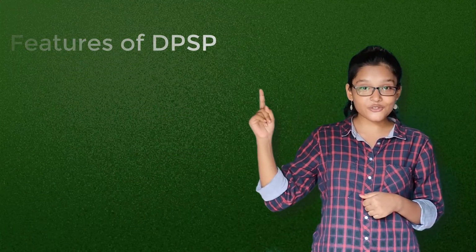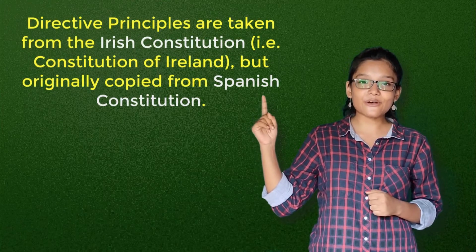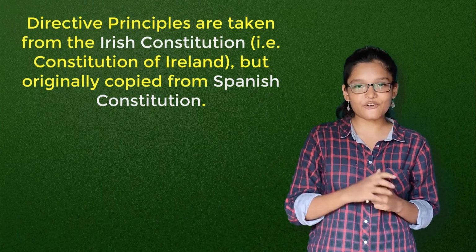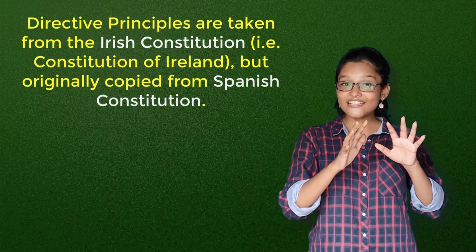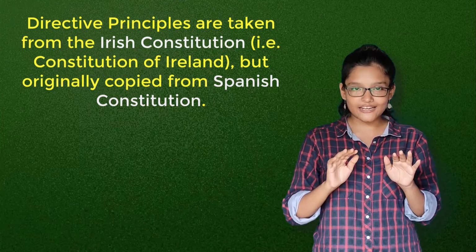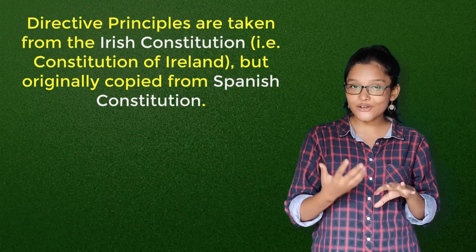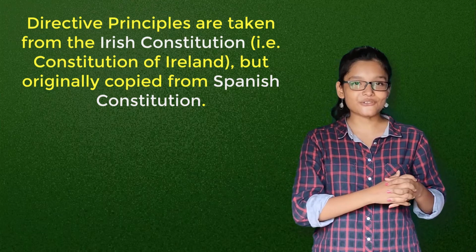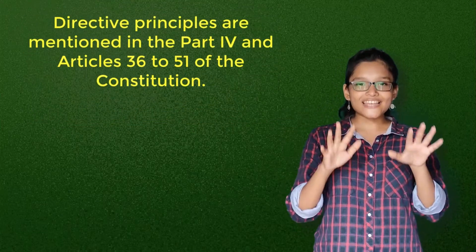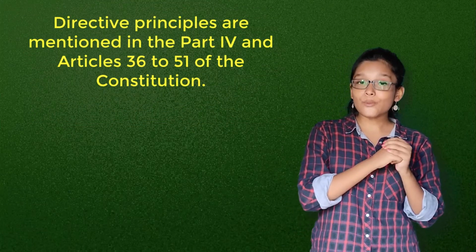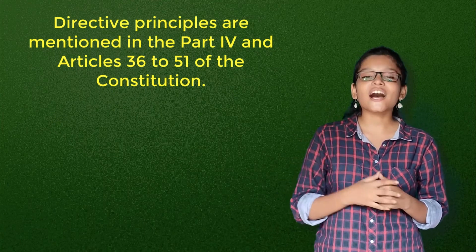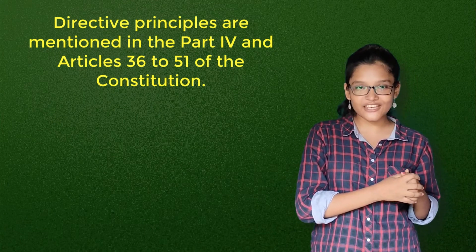So the very first one is that directive principles of state policy have been taken from the Irish constitution, that is the Constitution of Ireland, but originally copied from the Spanish constitution. Second, directive principles are mentioned in Part 4, Article 36 to 51 of the Indian Constitution.